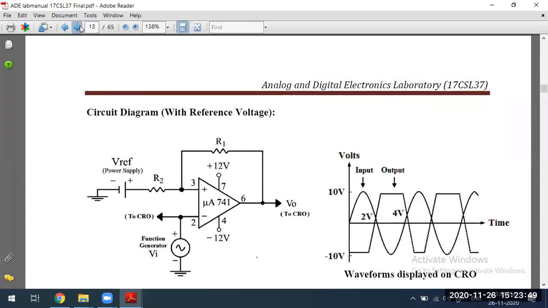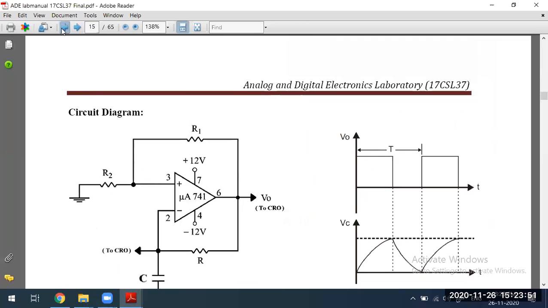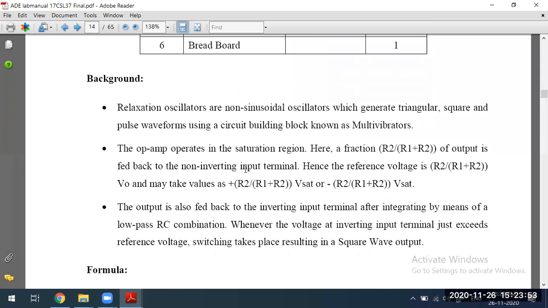That is the meaning of that relaxation oscillator. See, relaxation oscillators are non-sinusoidal oscillators. Non-sinusoidal means there is no sine wave. What it can generate? The relaxation oscillator circuit can generate triangular waveform, it can generate square waveform, or it can generate pulse waveform, using the circuit building blocks called multivibrator.